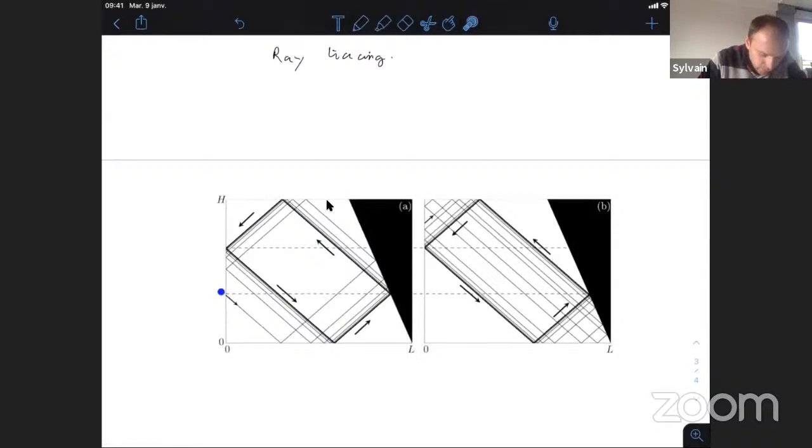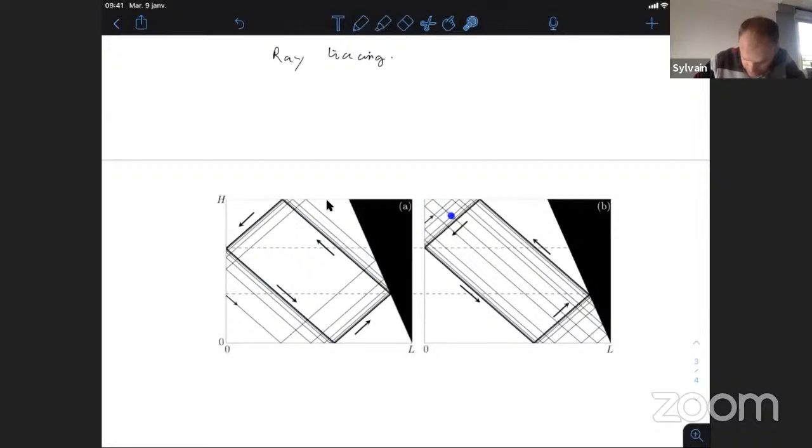This is for the wave beam taken at one point of the wave maker. If you do the same ray tracing for another point and going into another direction, still you have the angle theta, and you play exactly the same game.